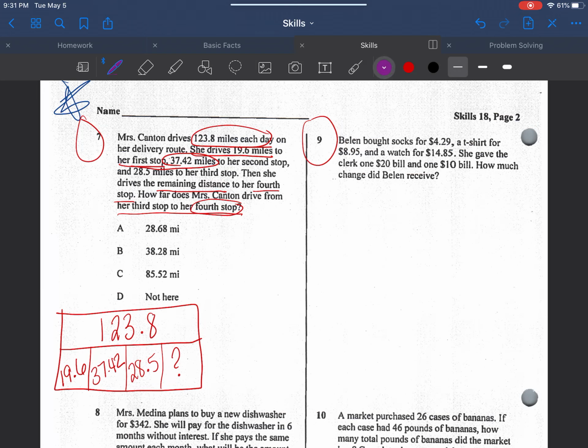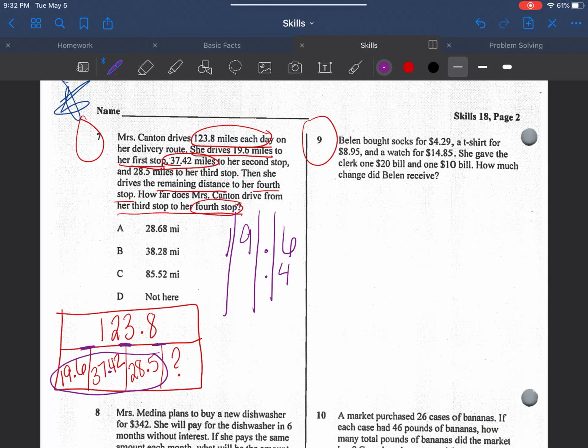We are looking for the missing part, which will be the fourth stop. Now for this problem, I could do it 2 ways. I could take my total and subtract my part, minus my part, minus my part. Or I can add up all of my parts, which is what I'm going to do.